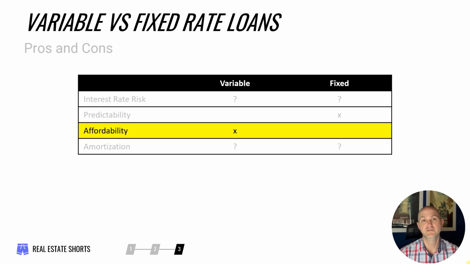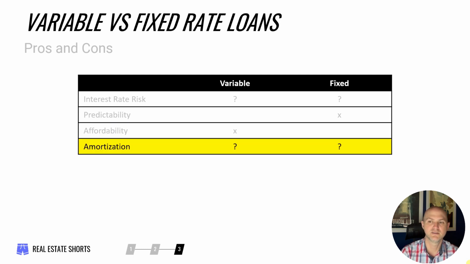Typically, the variable rate loans tend to be a little less expensive on an all-in rate when compared to a fixed rate loan because the variable rate loan shifts interest rate volatility onto the borrower. And so in exchange for the lender not having to bear that risk, those rates can be a little bit lower. But while that may be the case, it isn't always the case. So today it is, but tomorrow it may not be.